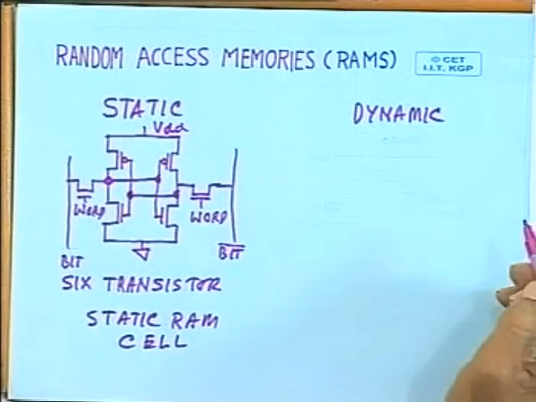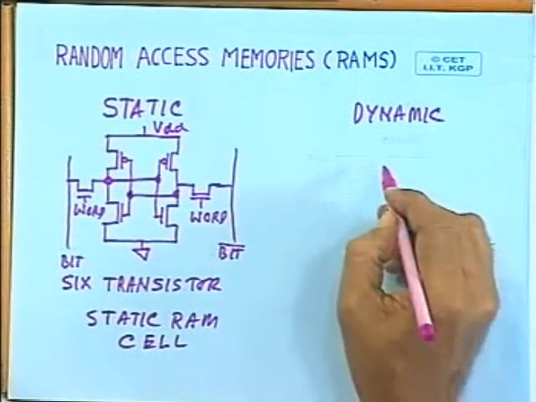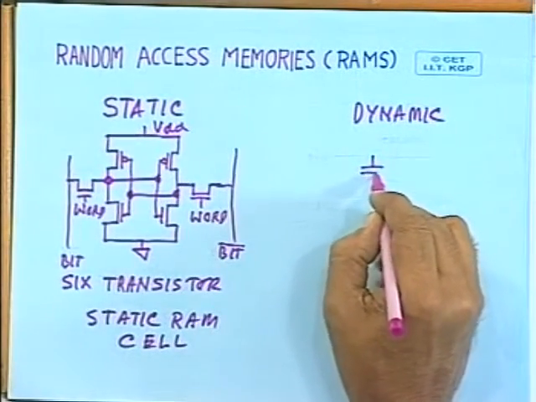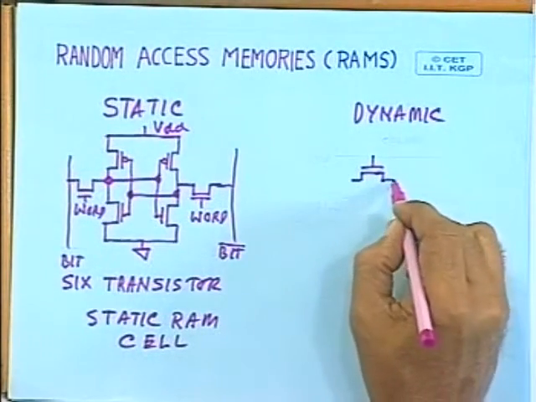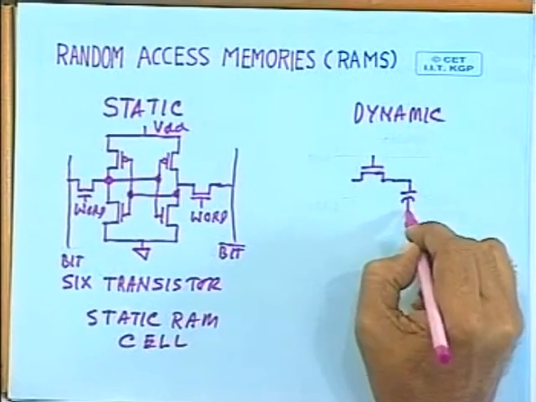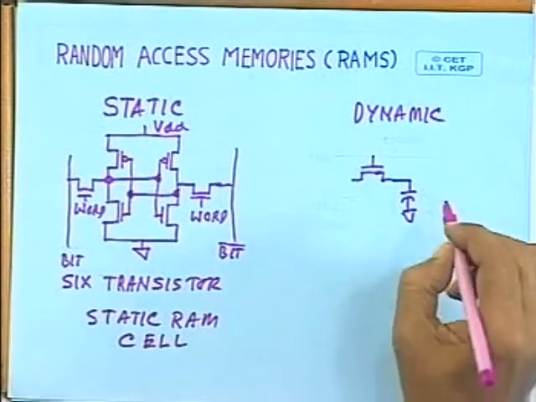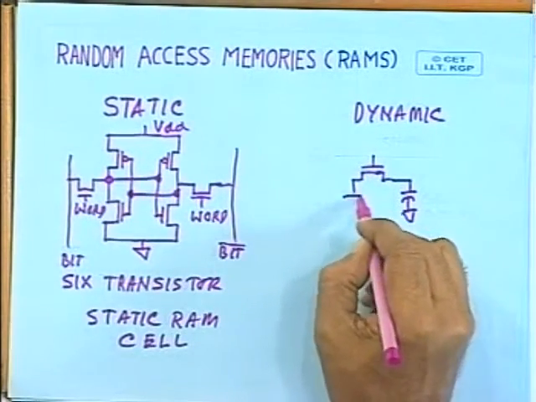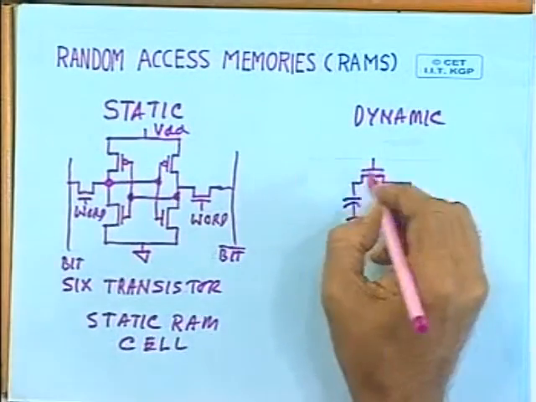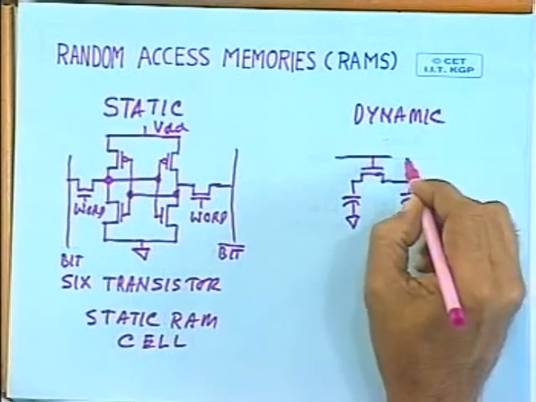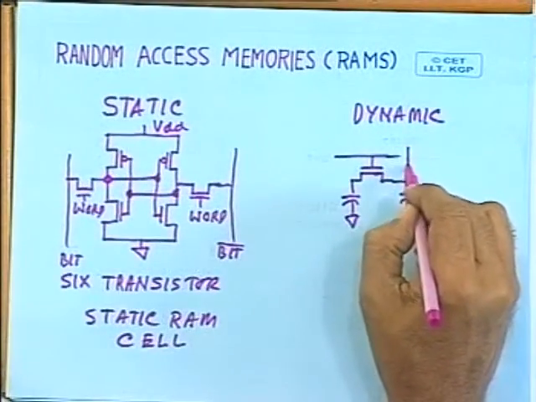On the other hand, the dynamic RAM requires only one transistor. You can realize a dynamic RAM by just using one transistor. This is your row and here is your column.